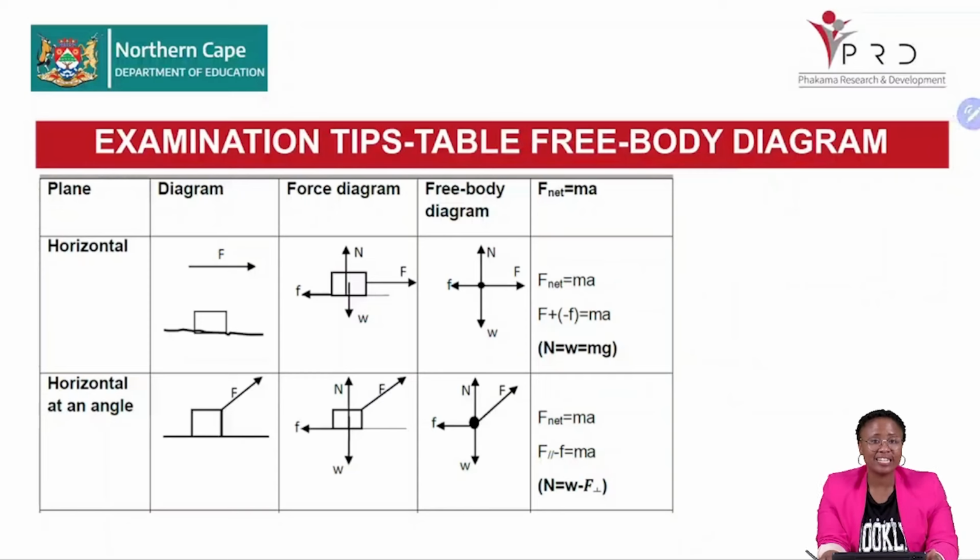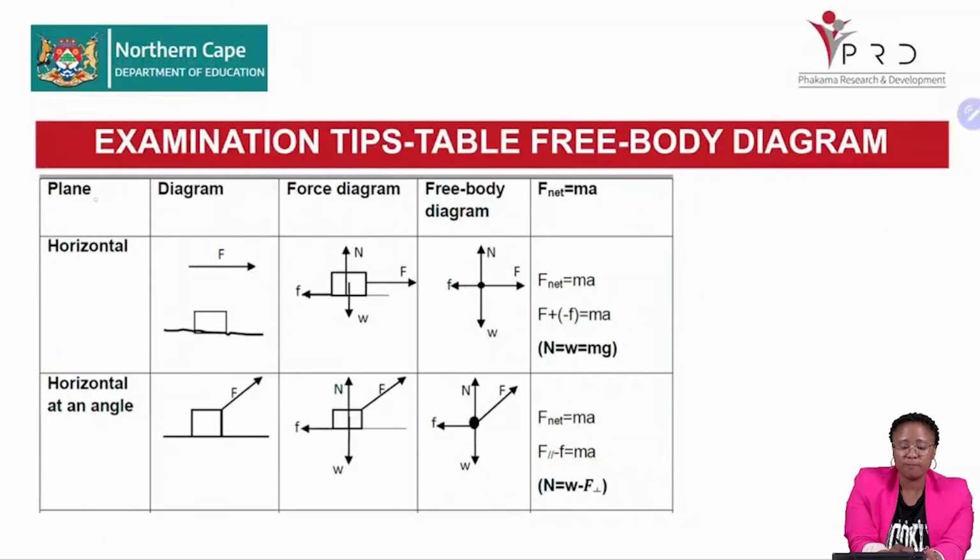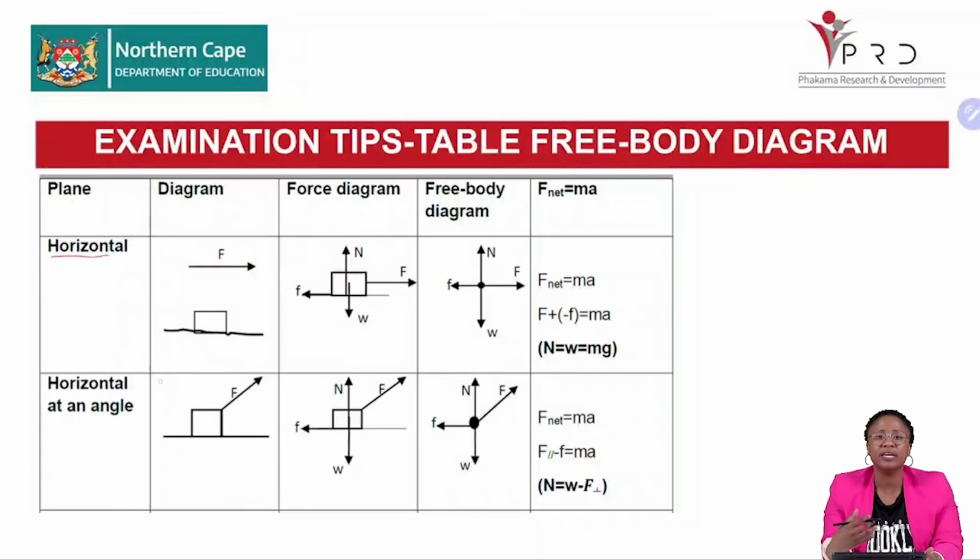Now, the next exam tip that I'm going to give you, this one is definitely going to give you a pass at the end of the year. What is it that I want you to look at? Here, I've made a table where I want you to look at the different scenarios in which the examiner can give you the object, or what the object might be lying on. So you need to know how to deal with all the different scenarios that the examiner might give you.